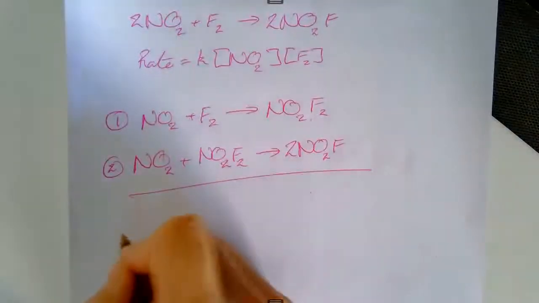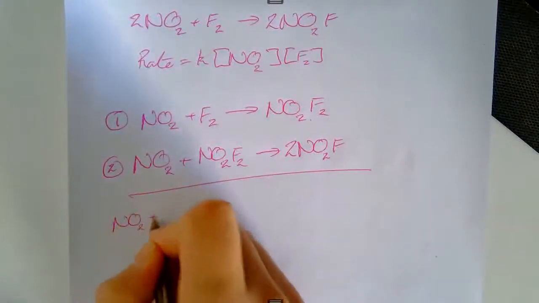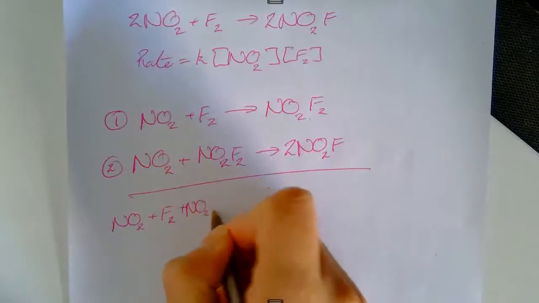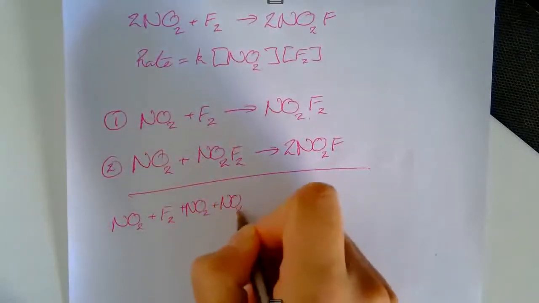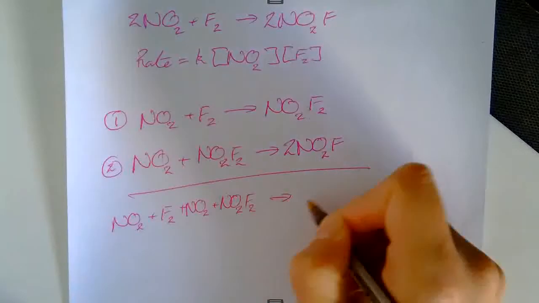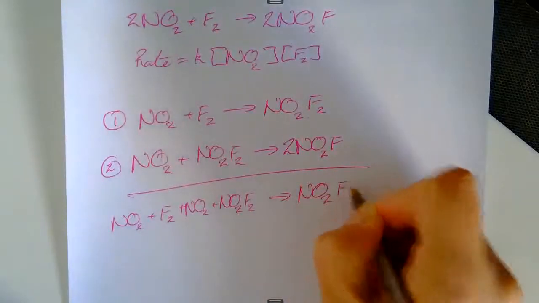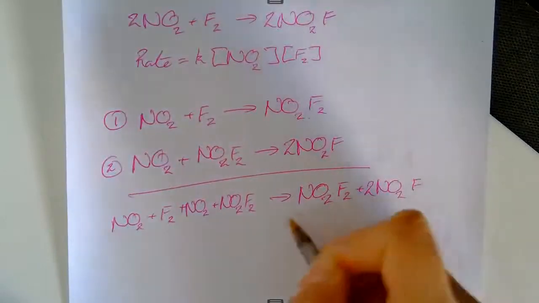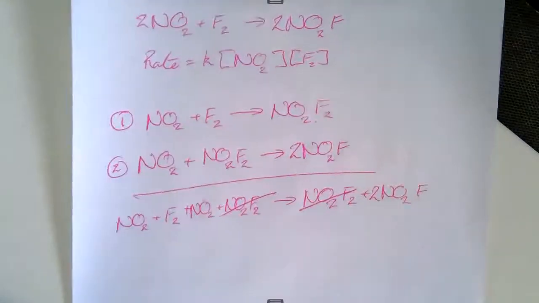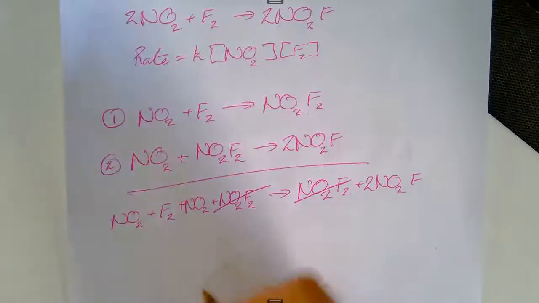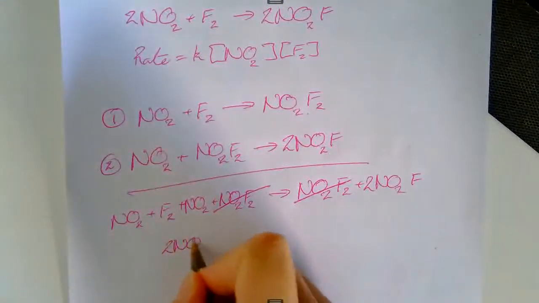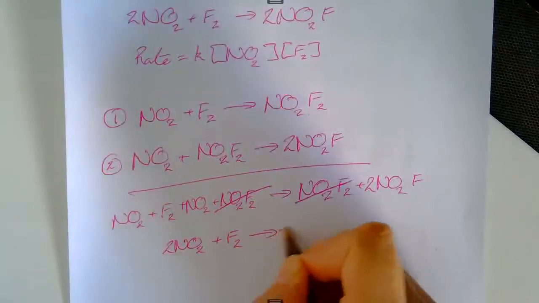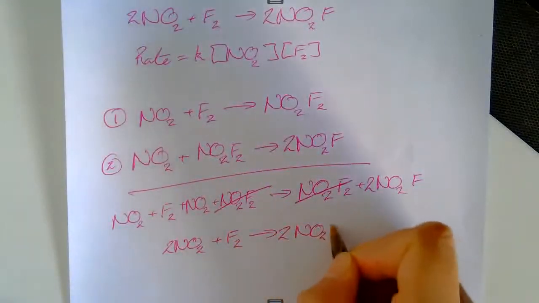If we add up everything, we've got NO2 plus F2 plus NO2 plus NO2F2 to NO2F2 plus 2NO2F. If we cancel out the things that appear the same on both sides, we get that, and we do indeed have our overall equation back, looking like that.